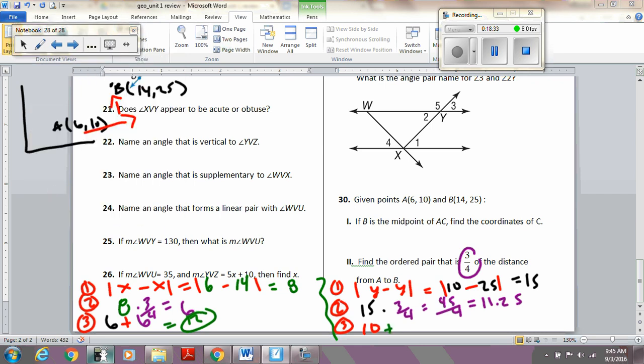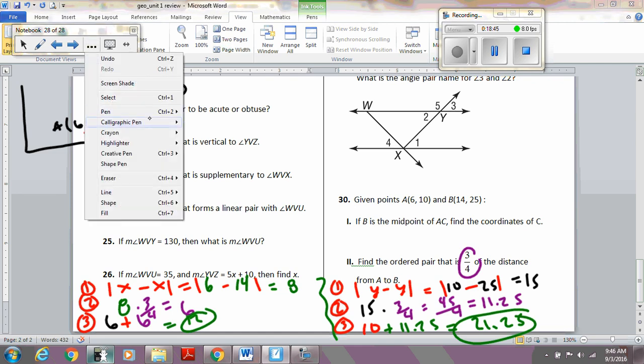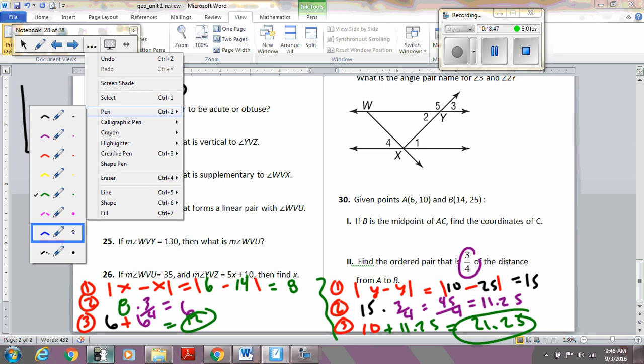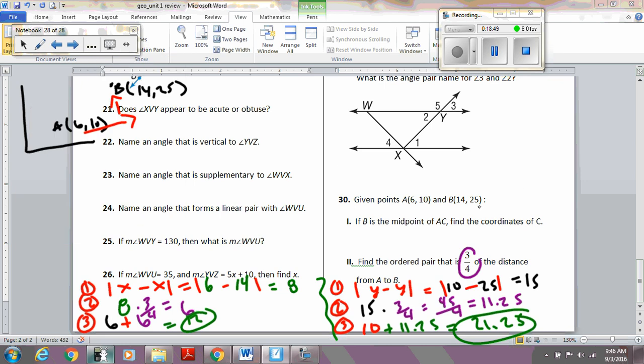So we're going to add 11.25 to give us 21.25 as our new y value. So the final thing I would do is write them as an ordered pair together. So that ordered pair would be 12 and 21.25.